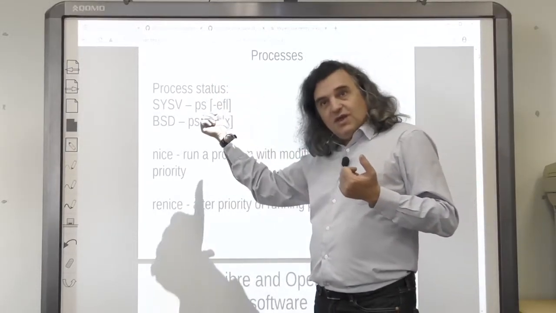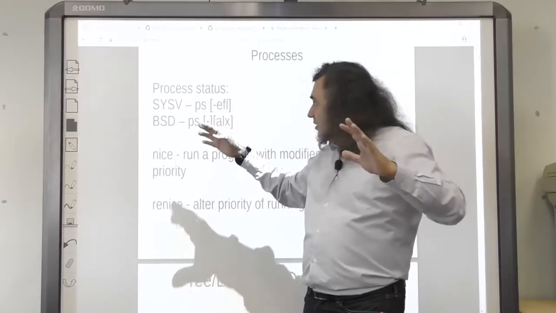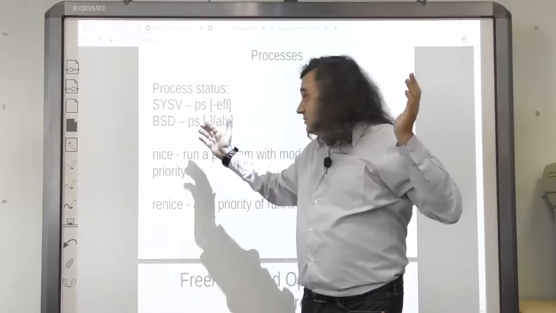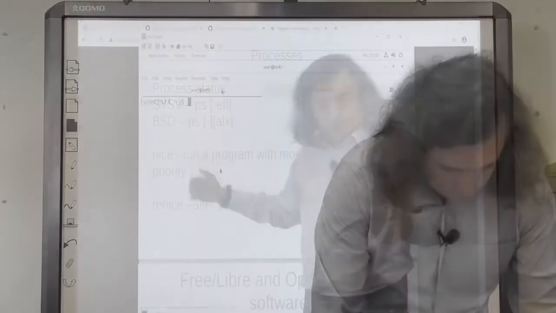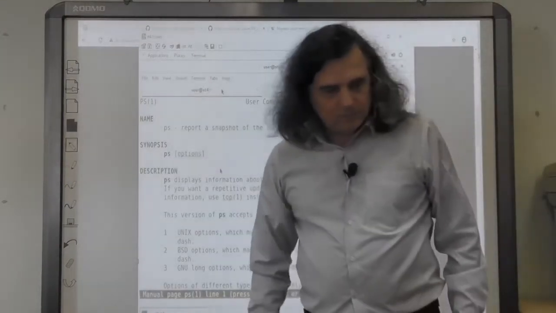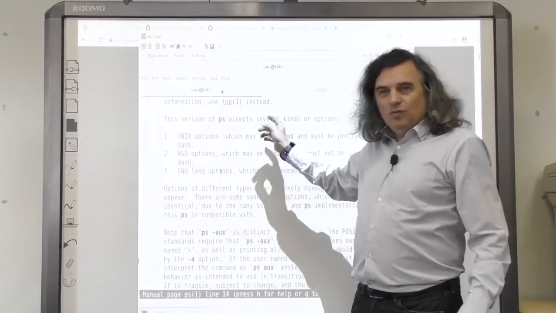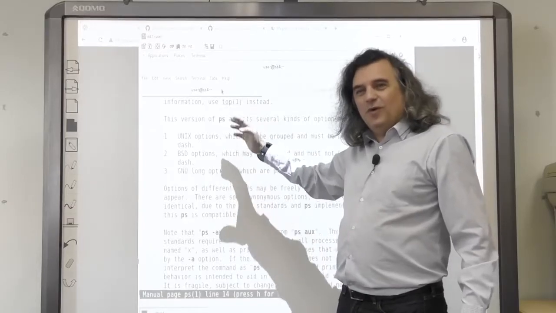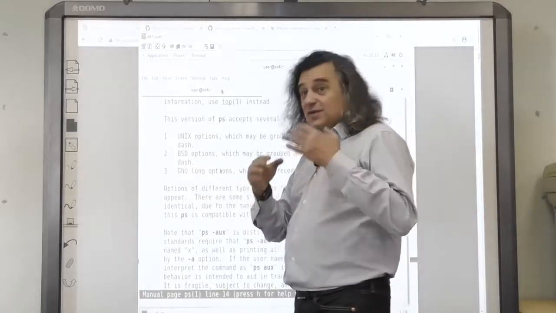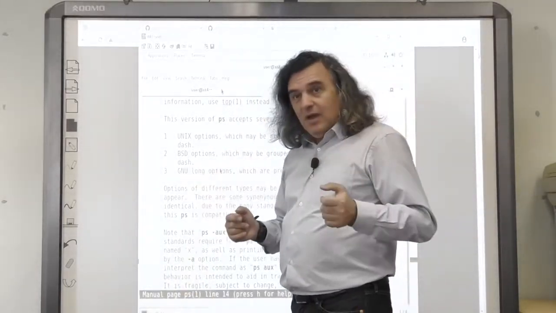In this case, we again see two worlds, two systems, System 5 and BSD. And what about GNU? As we can see, GNU ps supports both sets of options with some GNU-specific long options.